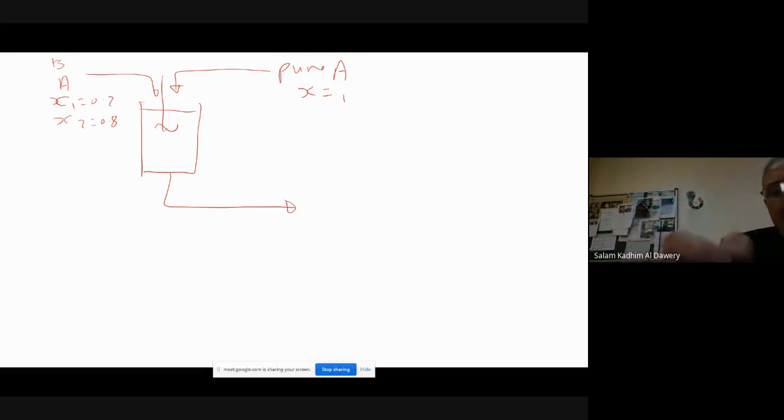What you can do is measure concentration, which is the conductivity measurement. So let me put a concentration or conductivity transmitter, conductivity control, and there is a valve on the feed.